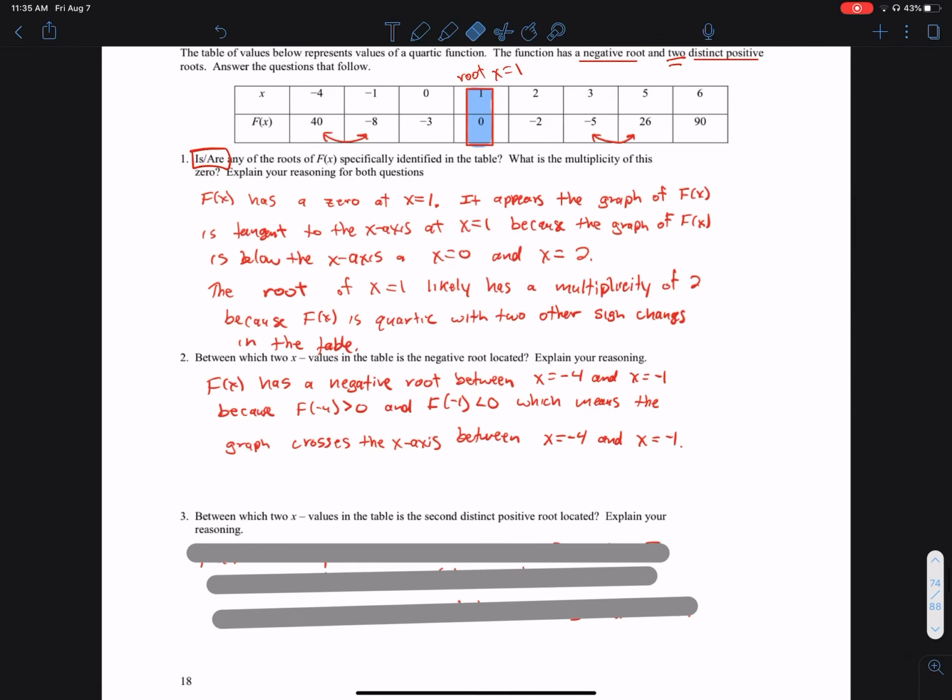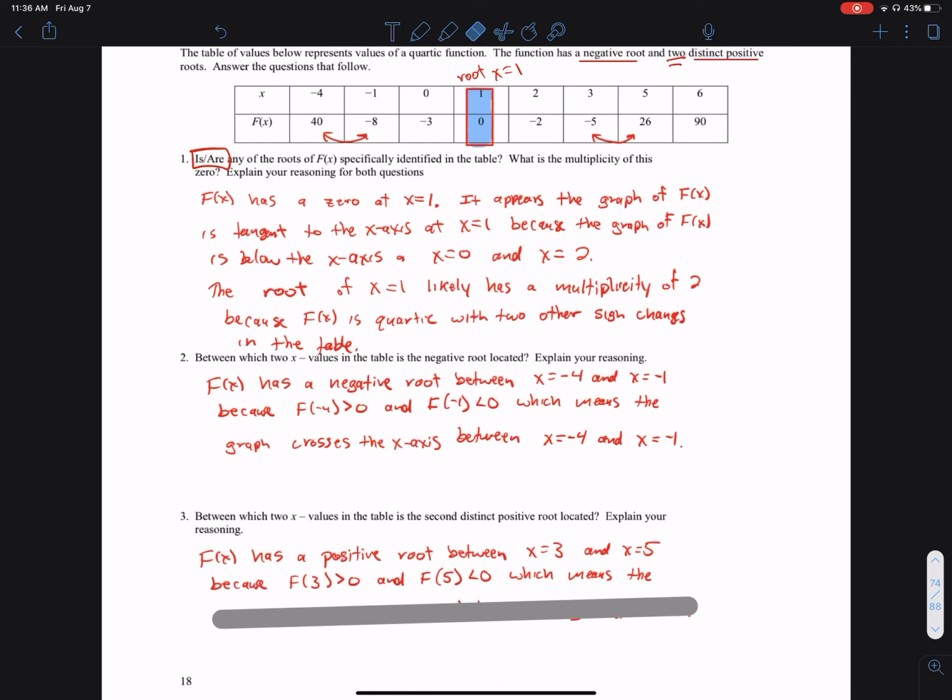Between what two values in the table is the second distinct positive root located? Explain your reasoning. So we're saying it's between 3 and 5 because these y values are changing signs. F of x has a positive root between x equals 3 and x equals 5 because f of 3 is bigger than 0. That's wrong, I got that written wrong.